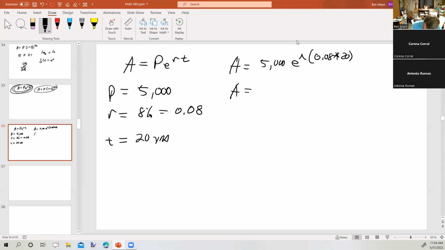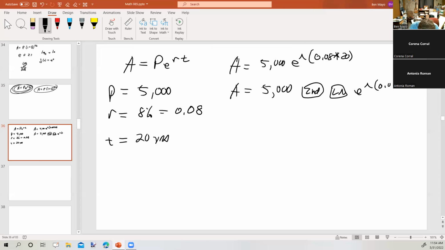So what I'm going to do on my calculator, I'm going to put in 5,000. Then I'm going to push the second button, and then I'm going to push the LN button, which then is going to access e to the power. And then I'm going to put in 0.08 times 20.